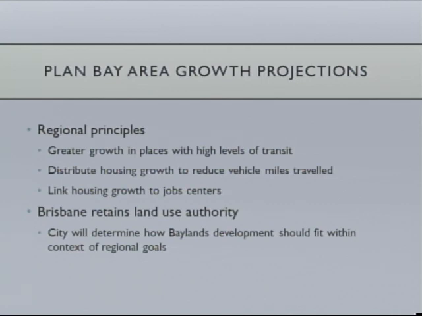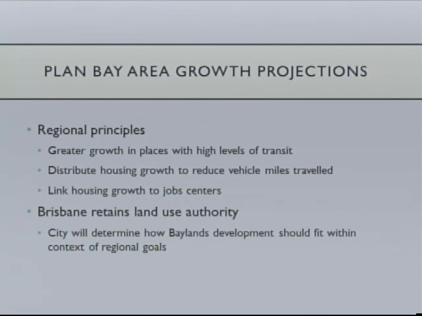Each regional agency throughout the state is required to prepare what is called a sustainable community strategy, aimed at tying land use to transportation so as to reduce vehicle miles traveled and achieve statewide GHG reduction standards. Plan Bay Area for the 9-county Bay Area region is the sustainable community strategy.